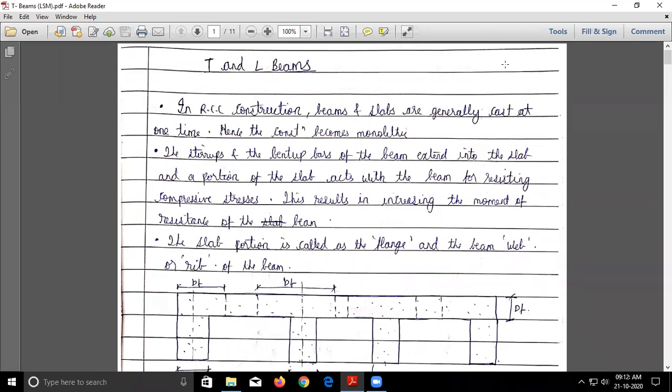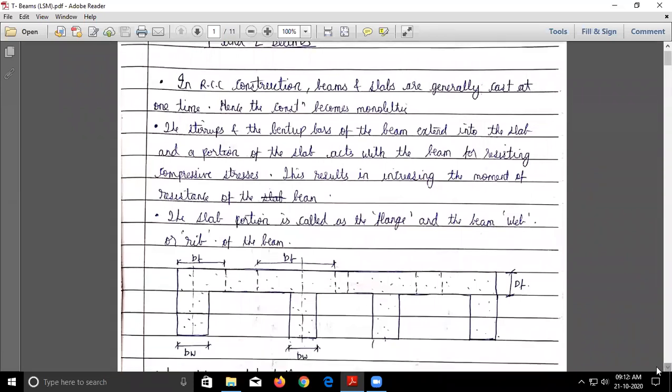Here you can see the cross section. This is the cross section of a beam slab construction. So this is the beam we are talking about. Here you can see this is the thickness of the slab, and this is your actual beam.